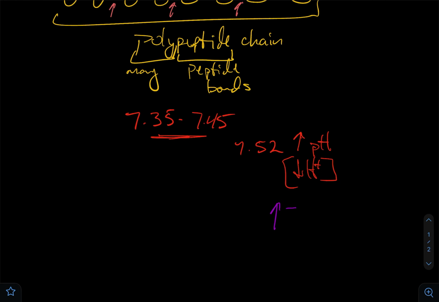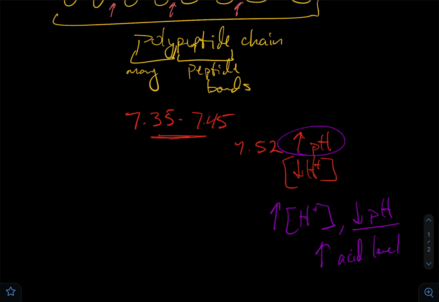So now we've increased hydrogen ion concentration, right? And that indicates a decreased pH, which indicates an increased acid level, right? And we're dropping our pH, and that is opposite of where we started. So we were too high, now we're back, and say maybe now we're 7.38, and we're now homeostatic, right?